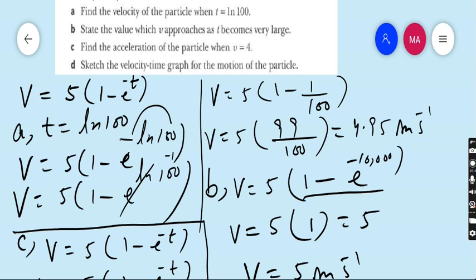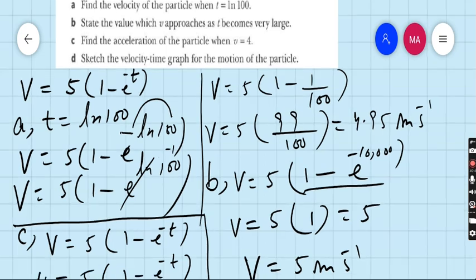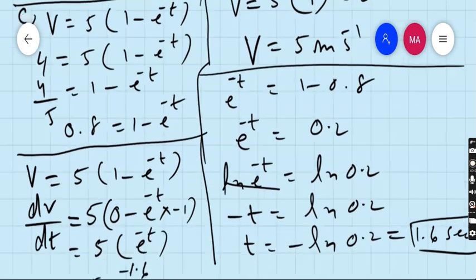Something to the power 0 is 1, and 1 minus 1 is 0, so v equals 0.